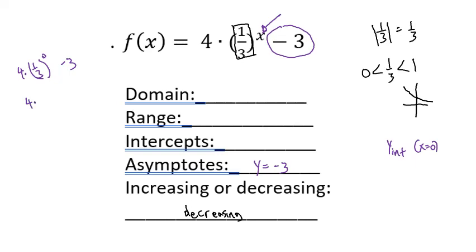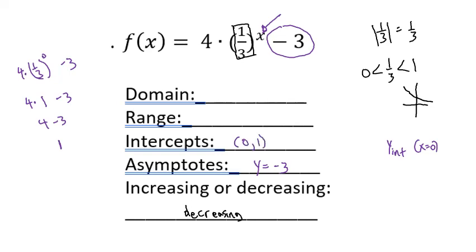So that's 4 times 1 minus 3. 4 times 1 is 4, and we're subtracting 3, so that's going to give us 1. So that means that our intercept is going to be at (0, 1).